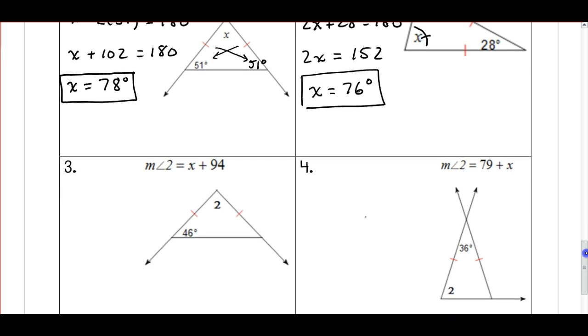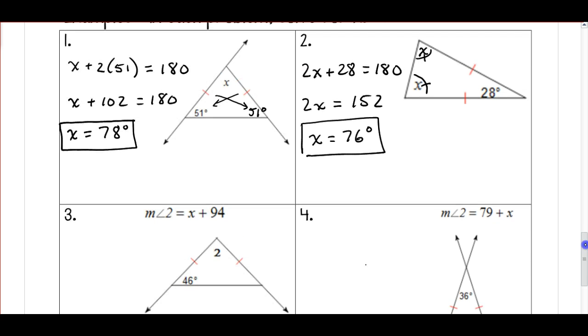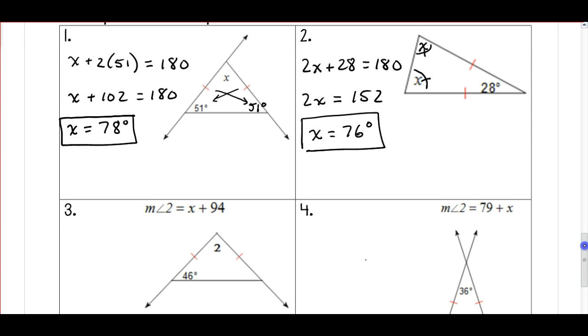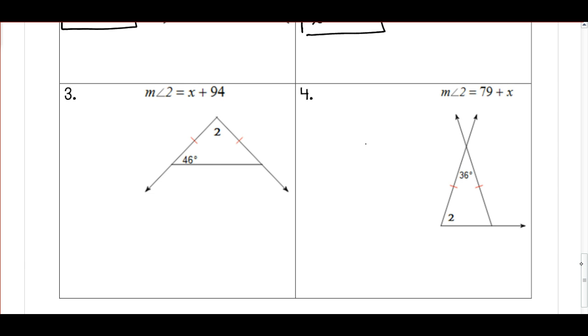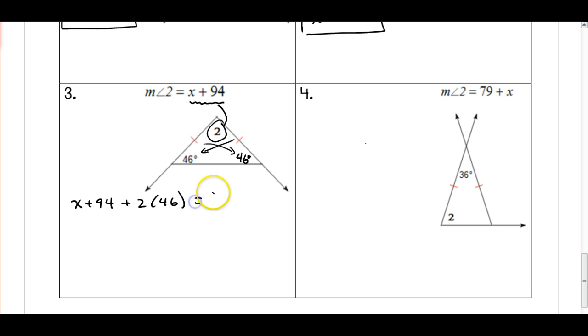Moving on to number 3. Again, pause or rewind anytime you need to, or to write down your questions. Here are my two congruent sides, so the angles across from those are congruent. This angle here is 46 degrees, and angle 2 is equal to x plus 94. So x plus 94, my vertex angle, plus 2 times 46, my base angles, have to add up to 180.